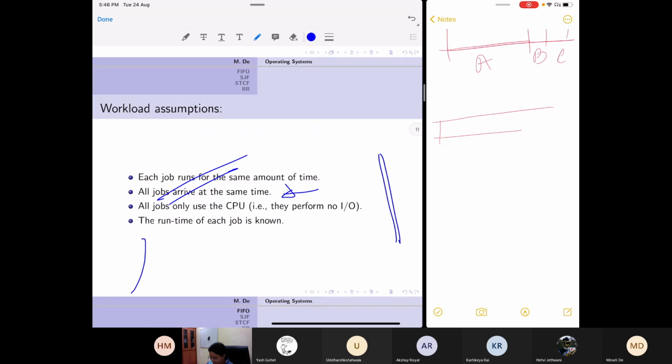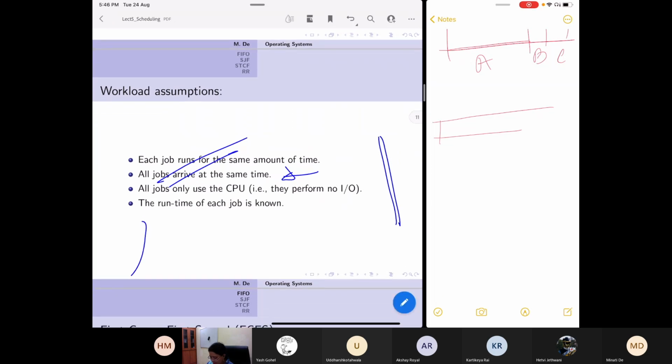Let's say I have many jobs, and some of them are performing IOs. In fact, all of the jobs are going to perform IO. In the ideal situation, there should not be a job which is not performing any IO, unless you have some infinite for loop or something like that, just unnecessary, right?